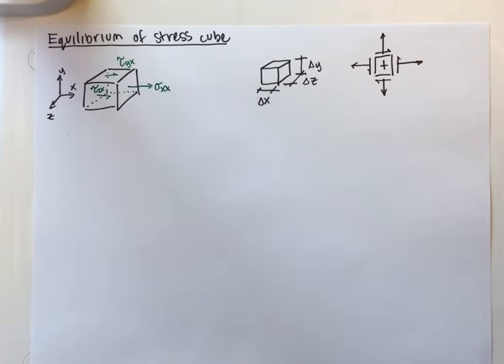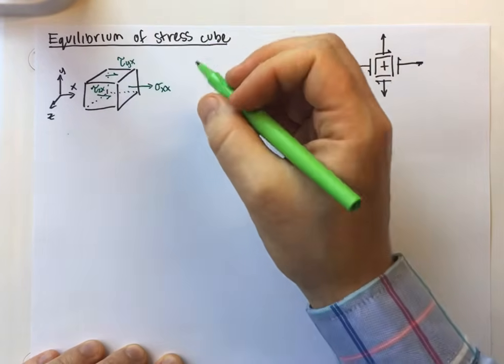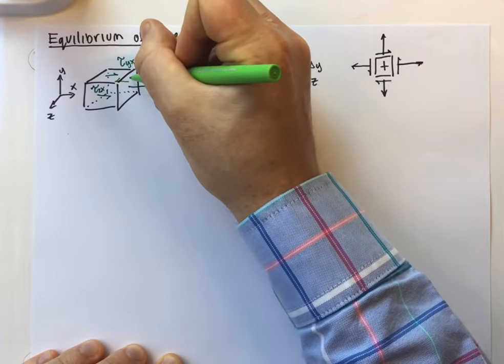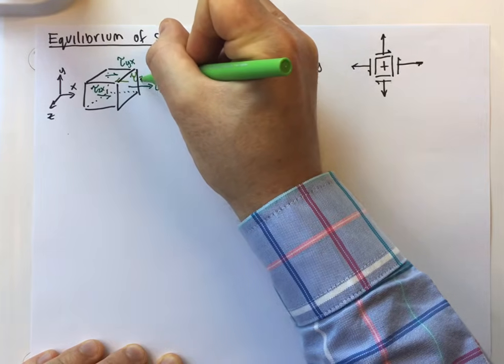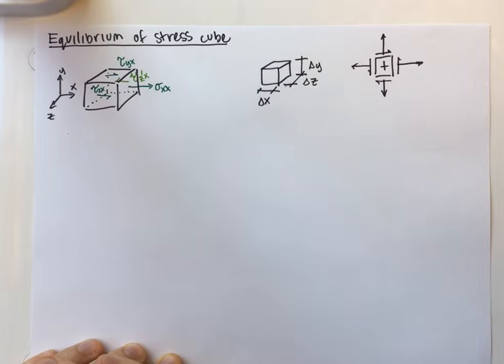So now in addition to those, those are all the ones on the front side, but now we're also going to have to think about all the arrows on the back side. And so I'm going to draw that in a slightly lighter green, so hopefully you can see those. All right, and that's going to end up going that direction. So that guy there is going to be tau z prime x.